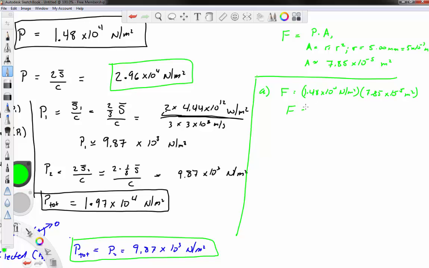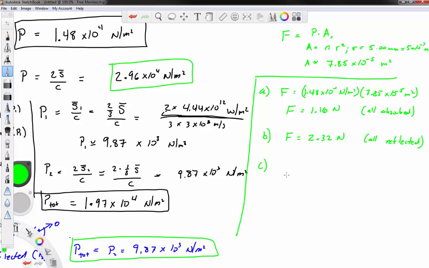And so the force is going to be something like 1.16 newtons. Sorry, that is when it is all absorbed, not all reflected. In case B, if it's all reflected, the force should be twice as much, and so you should get 2.32 newtons. So that's all reflected.